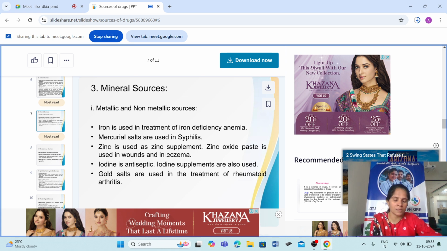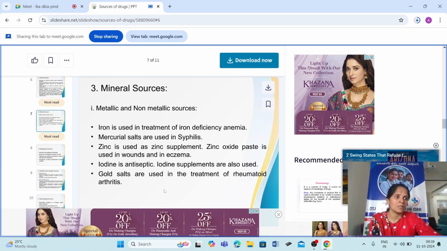Yes, good. Next, water balance. Okay, fine. So we have different uses of minerals in our body, but for a few people, sometimes they show deficiency of minerals also.